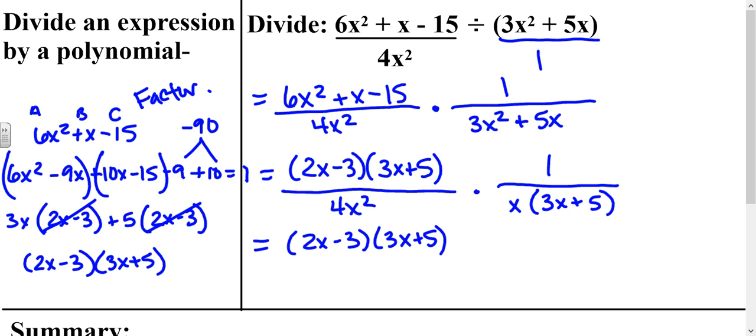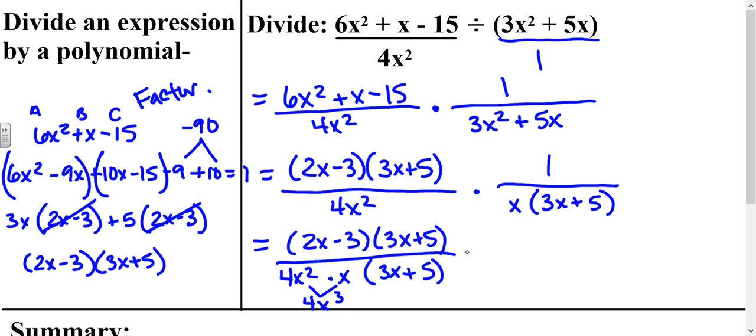The 1 doesn't change anything, so I don't really have to do that. Okay. Then on the bottom, I have the 4x squared and another x and the 3x plus 5. Now the 4x squared and the x can be multiplied together, so this actually turns into 4x cubed.